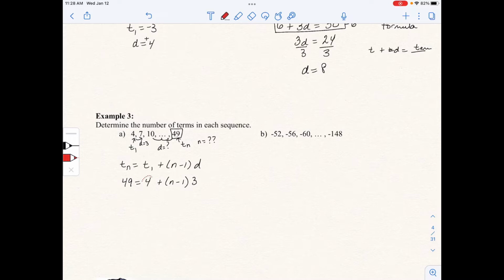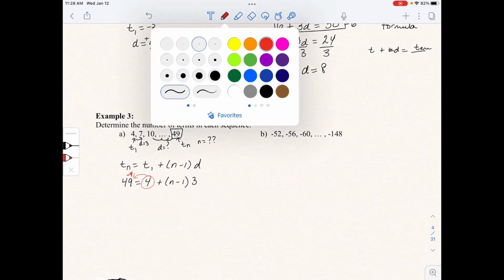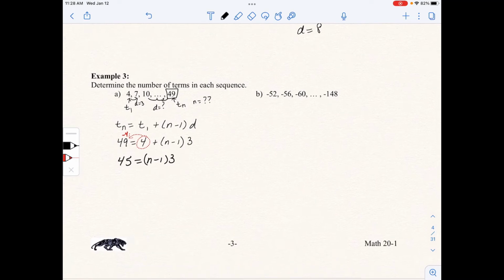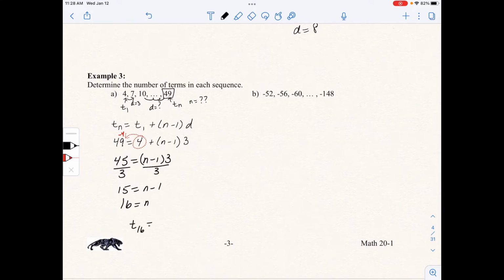First of all, we're going to subtract the 4. 49 minus 4 is 45. So there's actually two approaches algebraically to this. We can divide both sides by 3 and get 15 is equal to n minus 1, so n is equal to 16. This is our 16th term. T16 is 49.